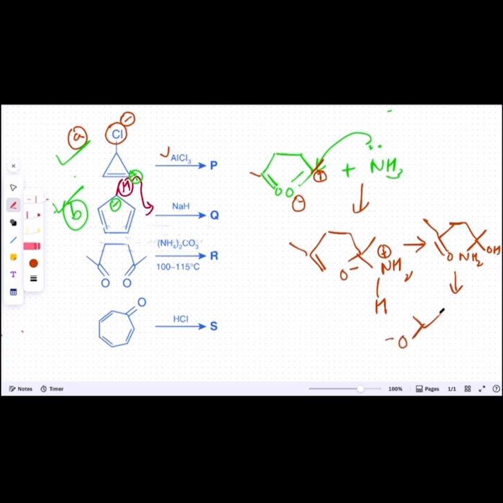Now the positive charge on the N delocalizes all over the ring and stabilizes it. Also we have the O negative charge, but it will not be contributing to aromaticity in this case.